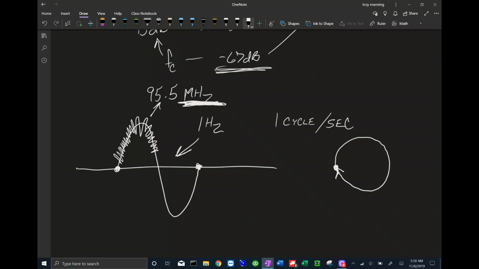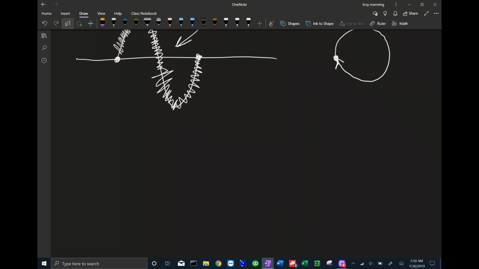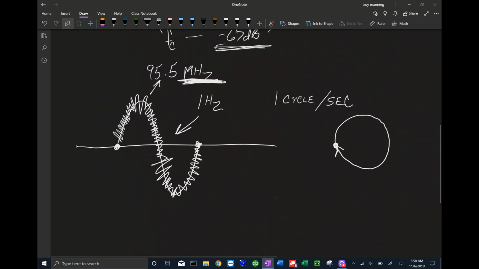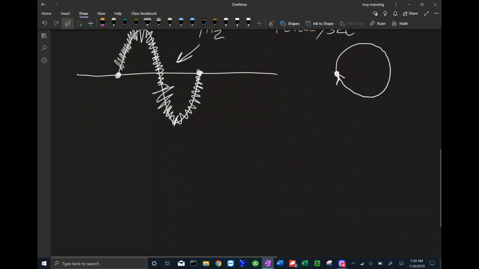And we just kind of make it ride along this carrier wave, whatever information it is. It can be audio. When you get up into Wi-Fi and stuff like that, it's ones and zeros, it's data. So we can encode anything we want on the carrier and send it out.